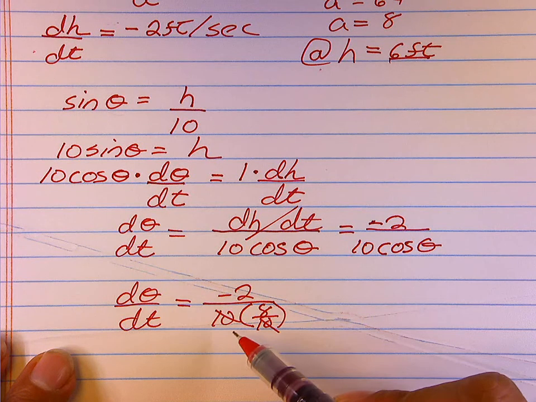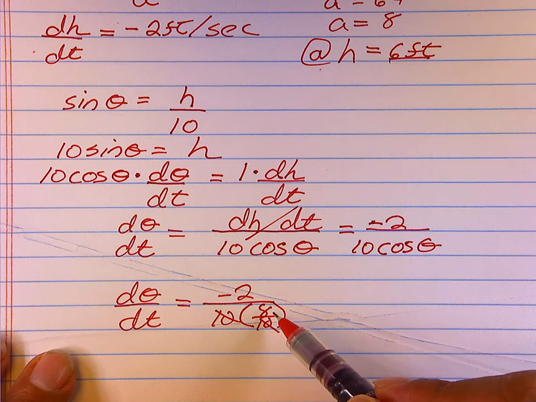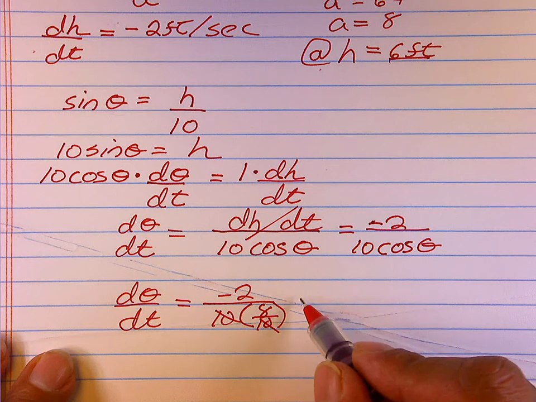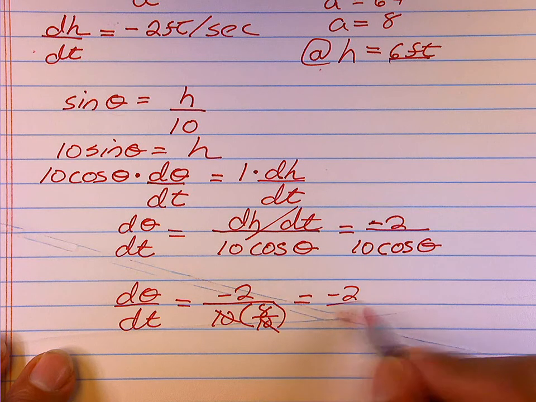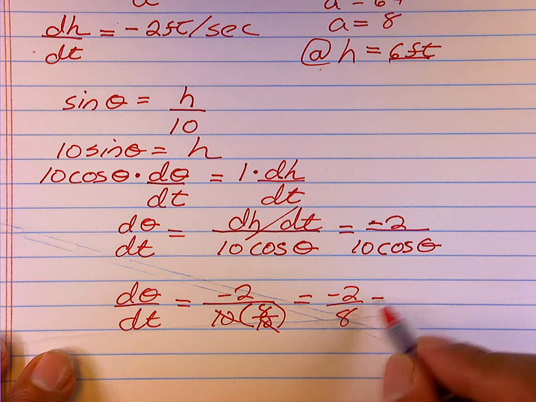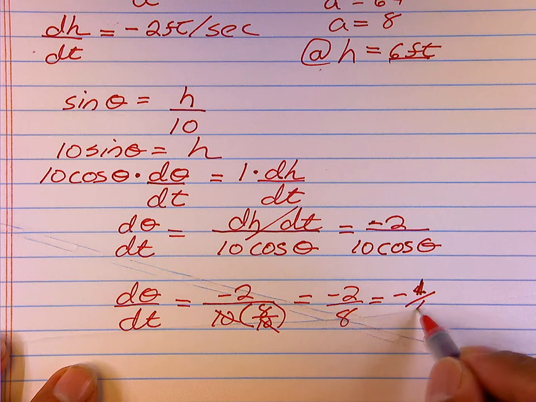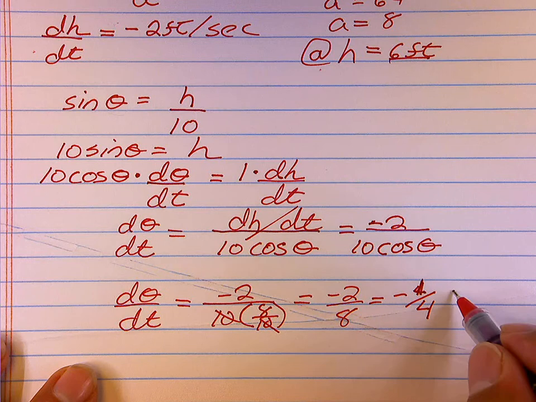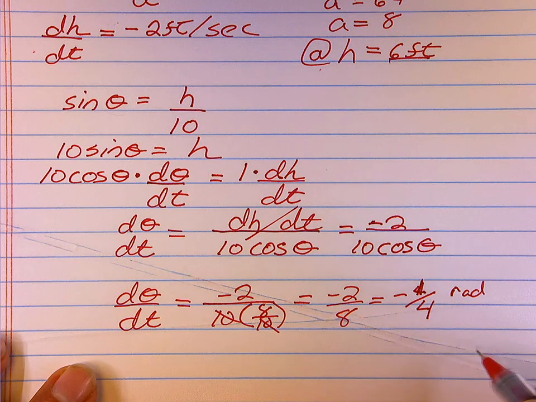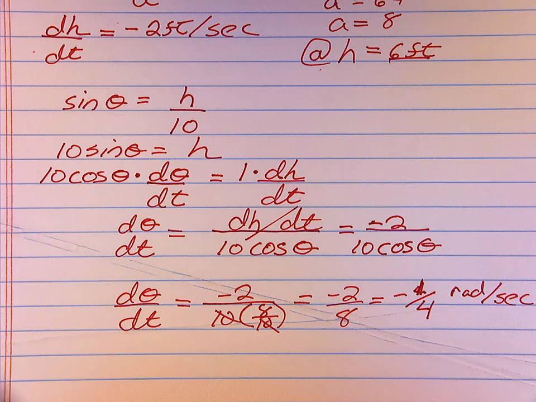Sorry about that. d theta/dt is -2 over 10 times cosine, which is 8 over 10. The 10s reduce out, giving me -2 over 8, or -1/4, and this is going to be in radians per second. So 1/4 of a radian per second.